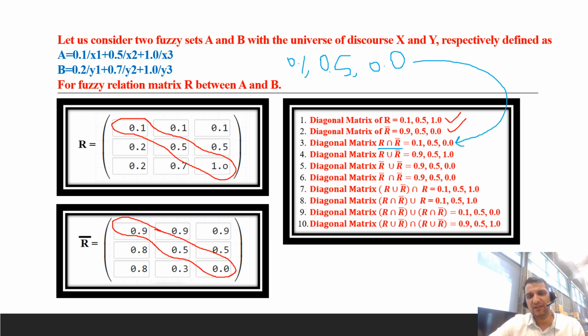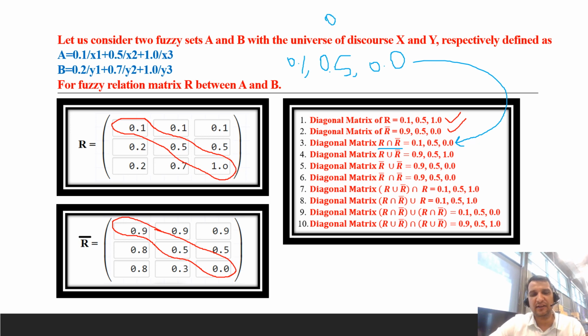In this way we can calculate all the remaining 10 questions. We just have to take care which operation is being asked. In the third question, R intersection R bar. In the fourth question, R union R bar. In case of union we take the maximum of them: 0.1 and 0.9, so the maximum is 0.9.